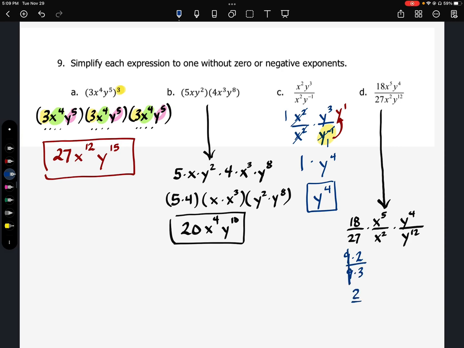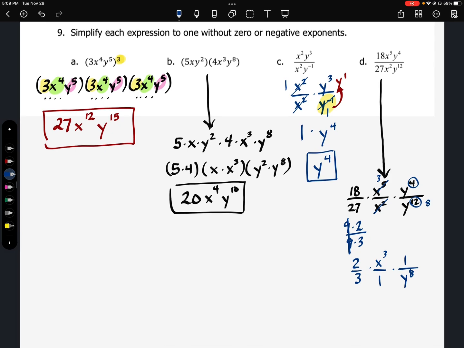We've got 2/3. I know that the x squareds down here are going to cancel out 2 of the x's from up here, leaving me with an x to the 3rd. On the bottom, we have a 1. And then the same thing here. 4 of these are going to cancel out with 4 of these, and the leftover 8 are going to be on the bottom. So we're going to have times 1 over y to the 8th.